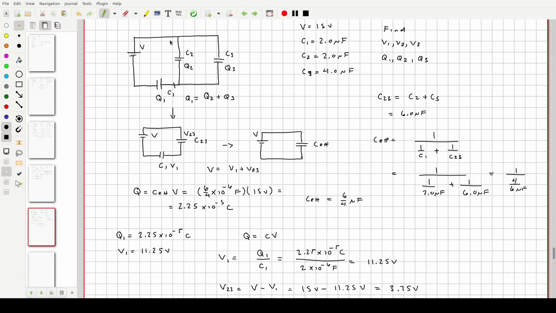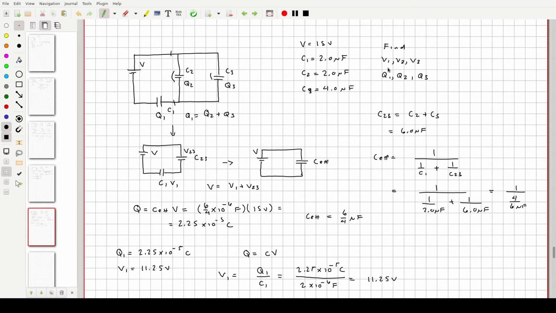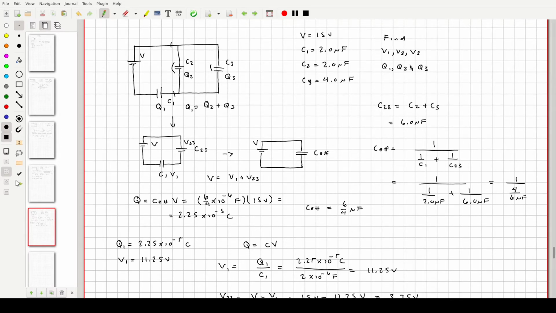Oh, that's the voltage across these right here. Now if I remember how voltage works in parallel circuits, the voltage that's across here is the same as the voltage here, is the same as the voltage here. We just found V2 and V3.